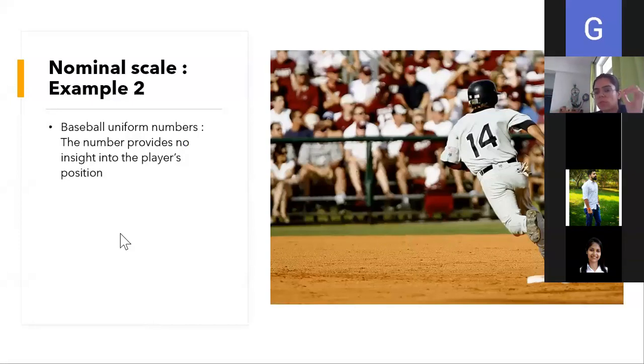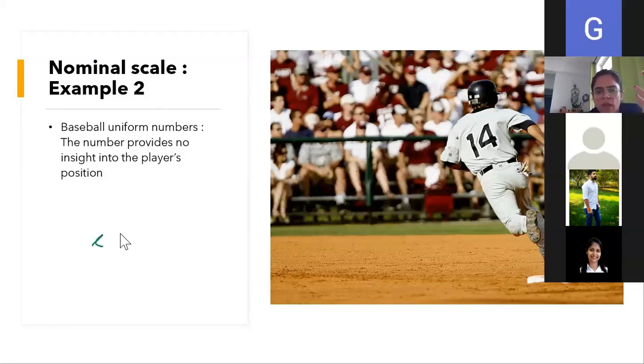The number 14 doesn't tell anything about that player's position or ranking or anything linked with that. It's just used to identify that player. For example, Messi has what number? I think 5 or 10, right?